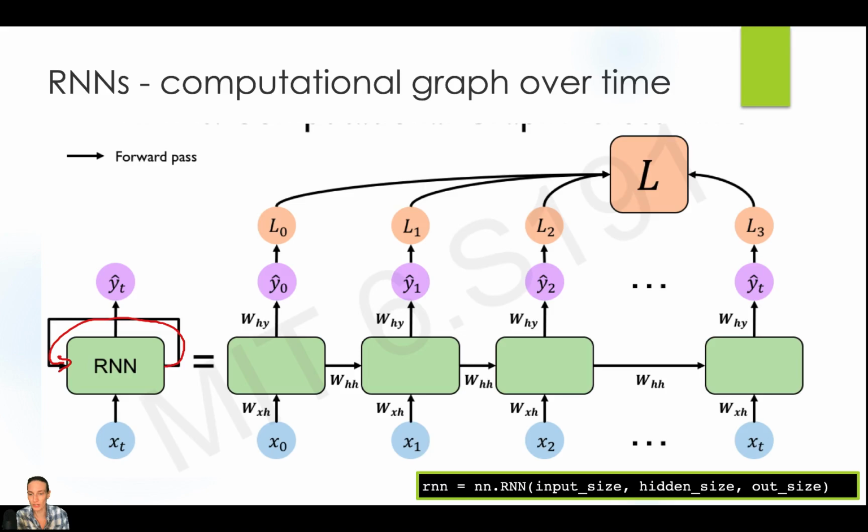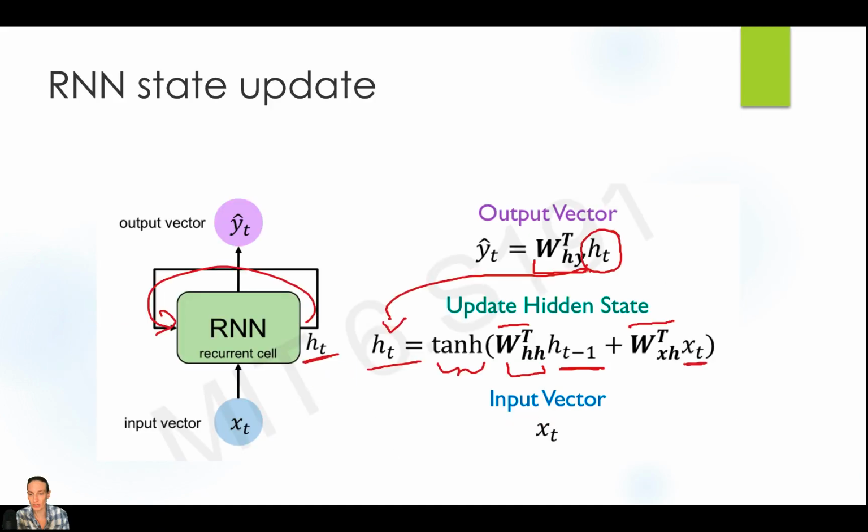For each time step, we have an input x0, x1, x2, etc. We have weight matrices that we multiply the x inputs with at each time step. Note that all these weight matrices are the same over time. This is very important. Then we have a weight matrix that we use to multiply the hidden states with. So in the previous equation, these are this and this matrix.